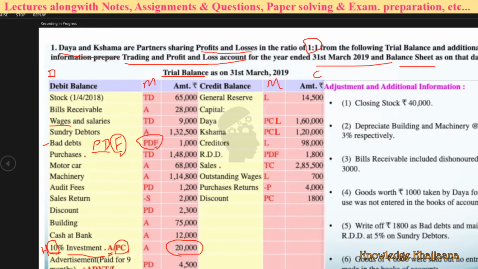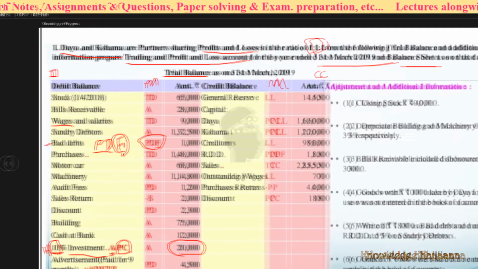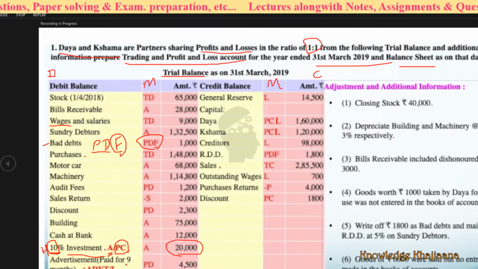Next, advertisement paid for 9 months. See, what is advertisement? Basically an expense, so it will go to the profit and loss account, debit side. And what is written? Paid for 9 months. Generally we have to pay for 12 months for an entire year. It is given in the bracket that it is paid for 9 months, which means 3 months of advertisement expense is yet to be paid by us, okay.